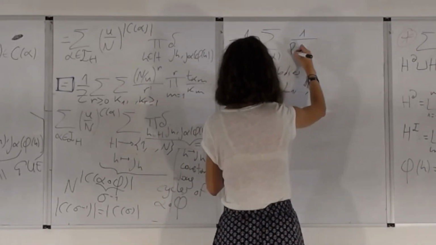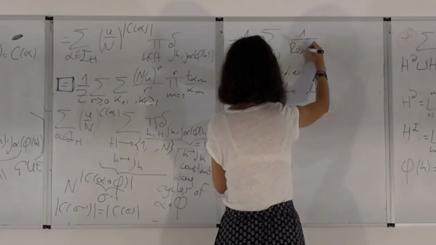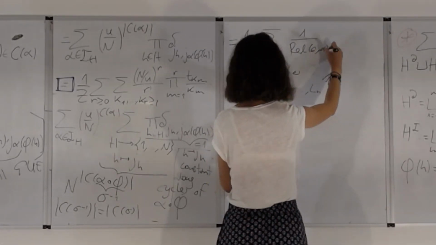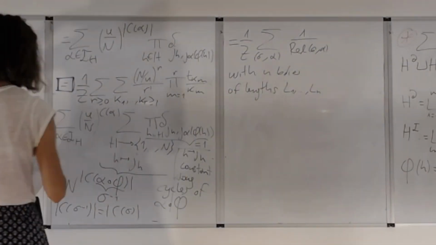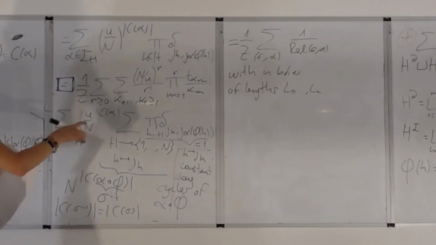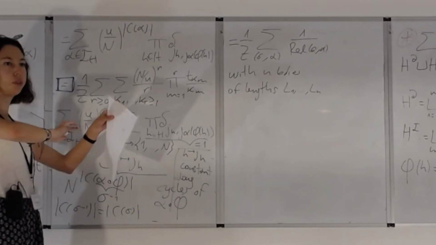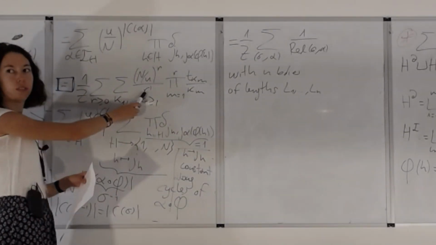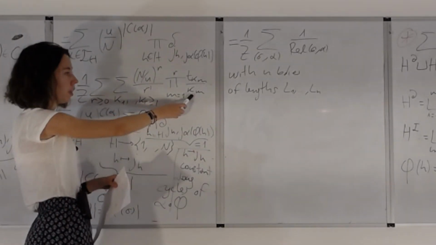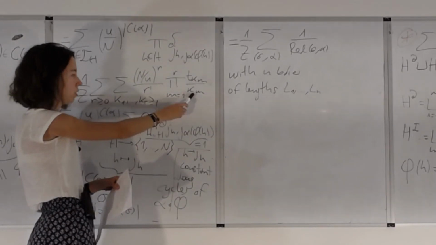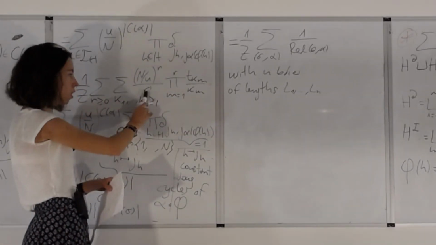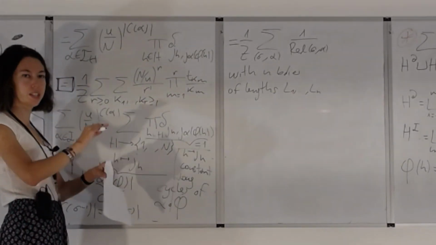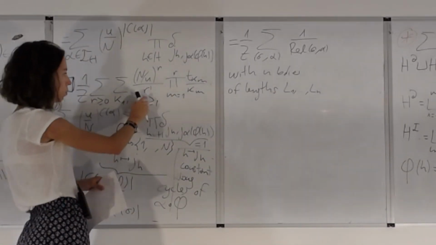1 over the relabelings of sigma alpha, which are just counted by this product. This tells you how you can move around all the internal faces of a fixed type.